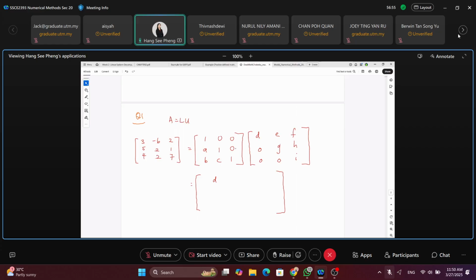It depends on what you set for the unknowns. It is just a 3 by 3 matrix multiplied with a 3 by 3 matrix. If you forget matrix multiplication, please check your previous notes. We are not going to repeat how to do the multiplication of matrices in this class.